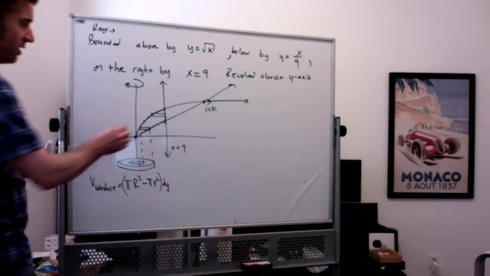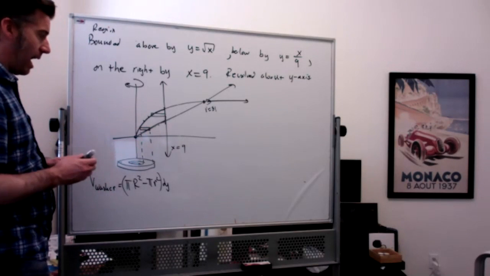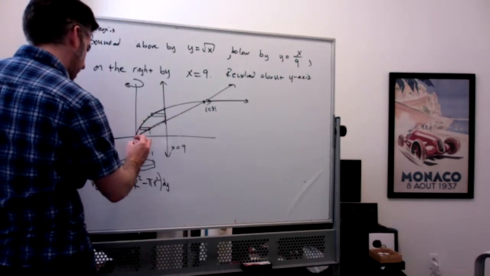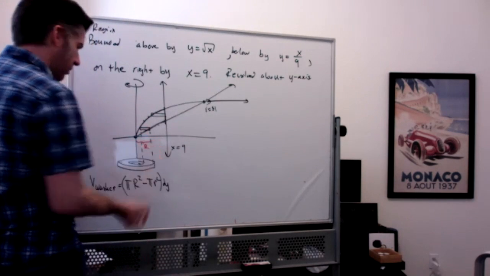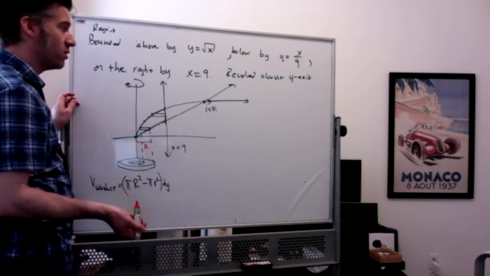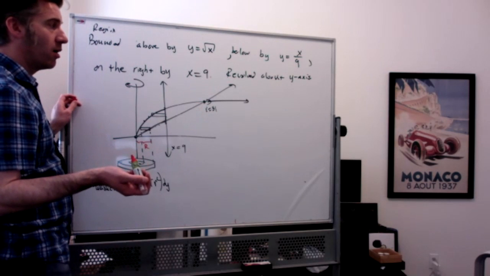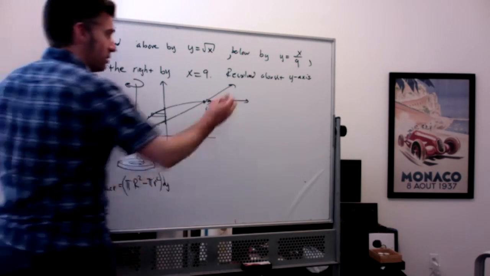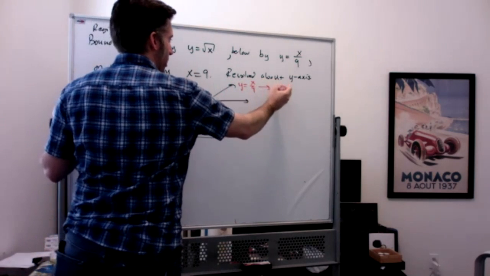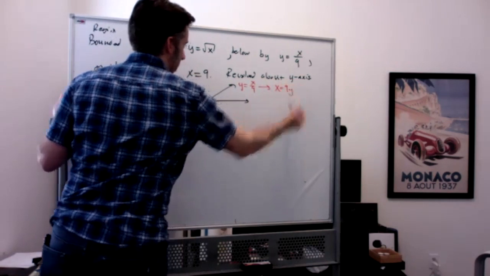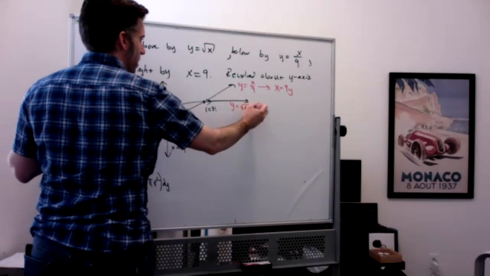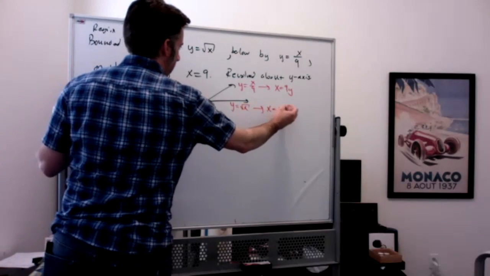Okay, so for this particular strip here, my outer radius, which is this amount here, is just how far it is to this straight line function. But I have to do it in terms of x as a function of y. So the function y equals x over 9 is going to become x equals 9y. And the function y equals the square root of x is going to become x equals y squared.